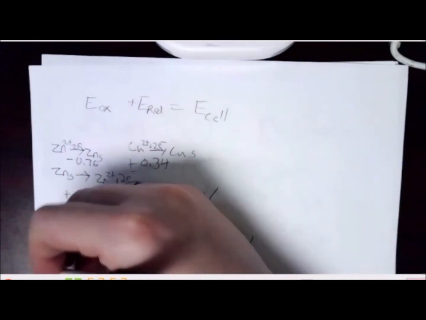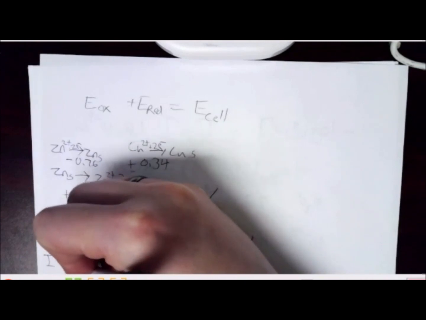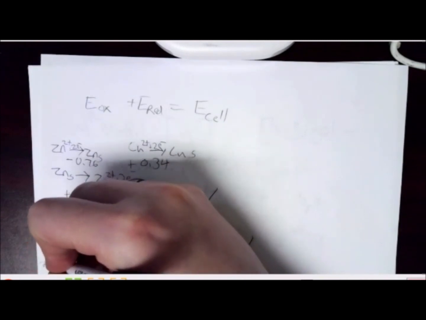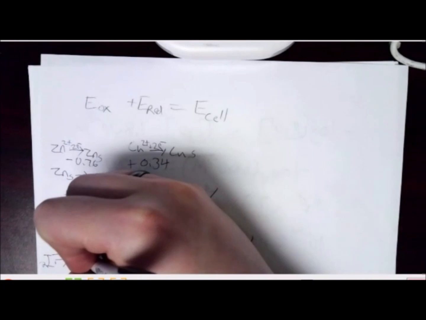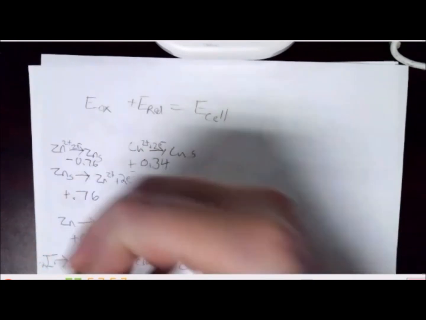Now, since we're going from I minus to I2, that's negative 0.54.